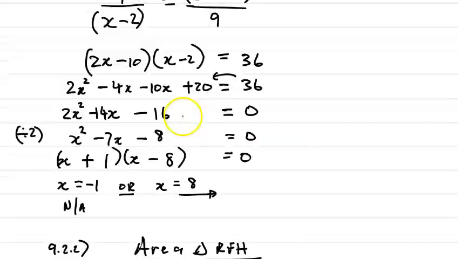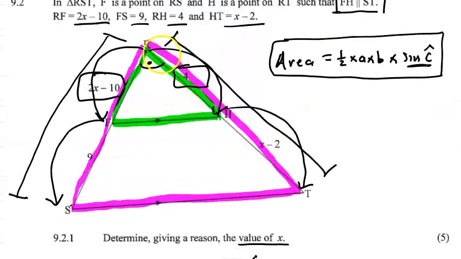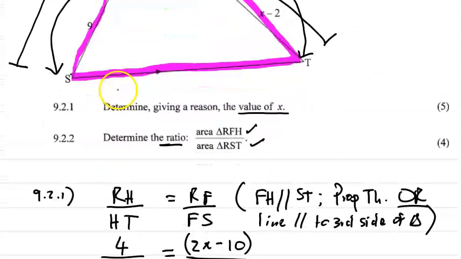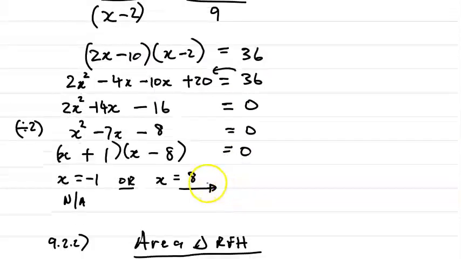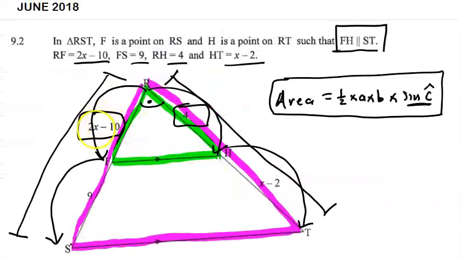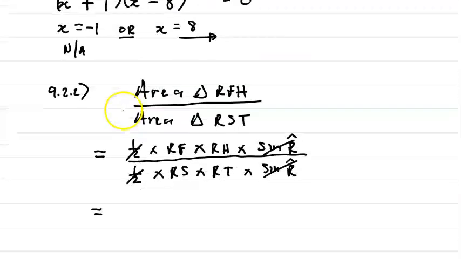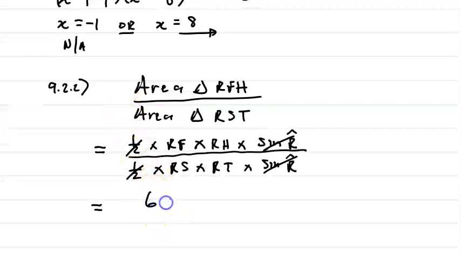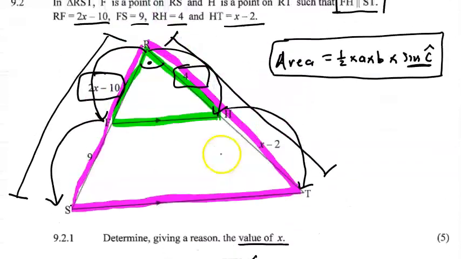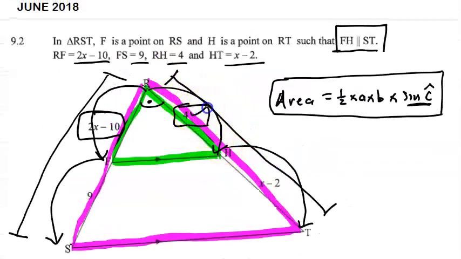Let's go look at RF. So RF is 2x minus 10, so that will be 2 times 8, which is 16, minus 10, which is equal to 6. So therefore that will be 6 times RH. RH is given to us as 4.